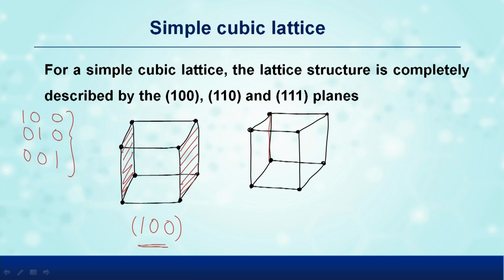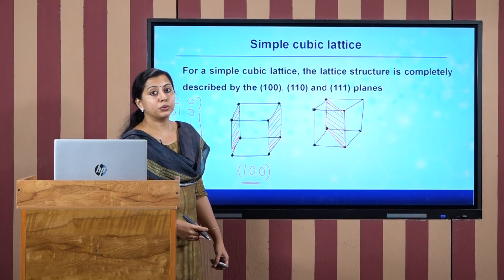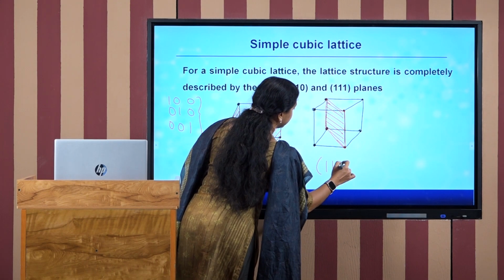Now, let us draw the 1 1 0 plane. So, this plane cuts the x and y axis and goes parallel to the z axis. So, this is a 1 1 0 plane.